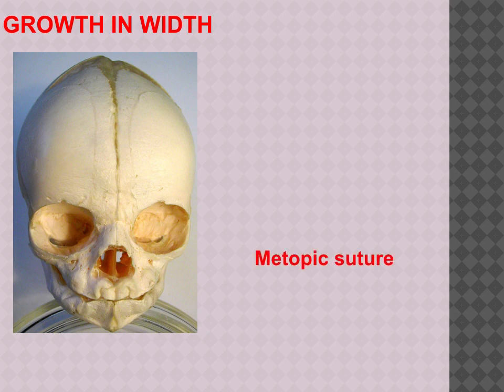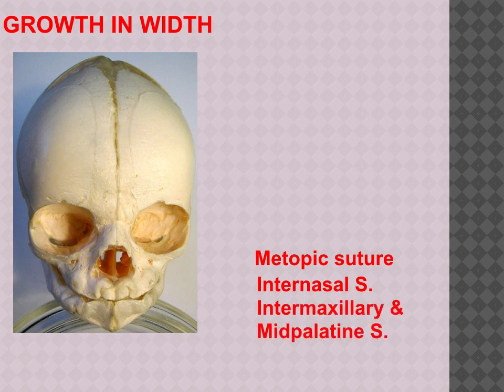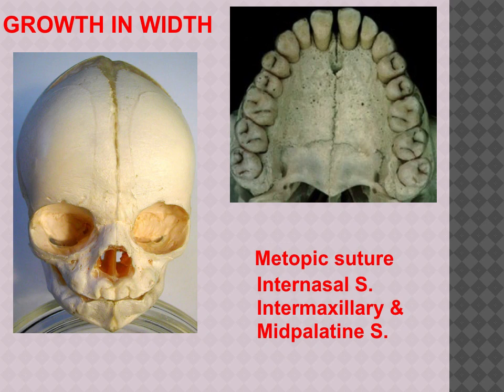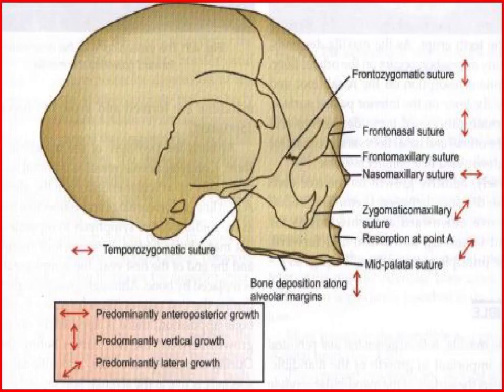So you have the metopic suture, internasal suture, intermaxillary suture, mid-palatine suture, and you have your symphysis, from top to bottom. If there is deposition of bone at any of these ends, it is going to lead to widening of the entire structure.